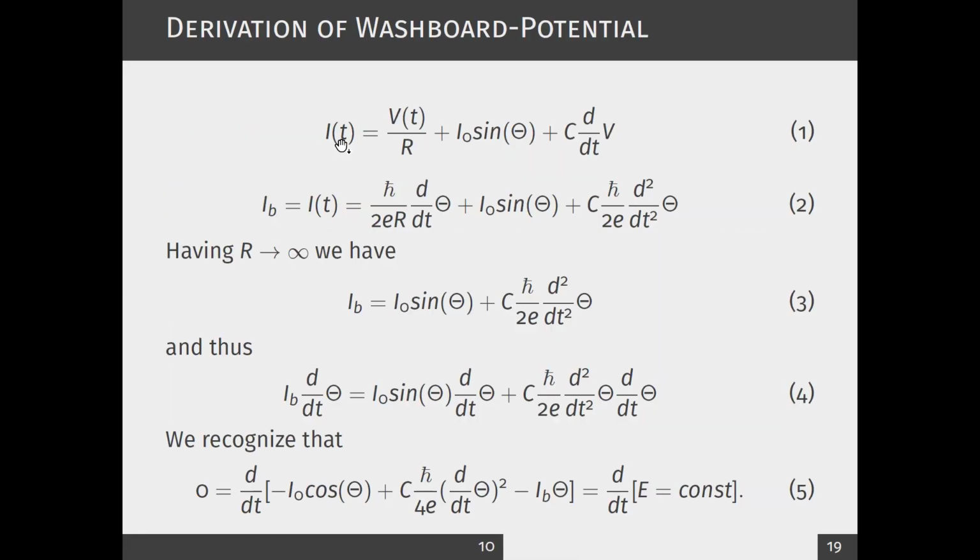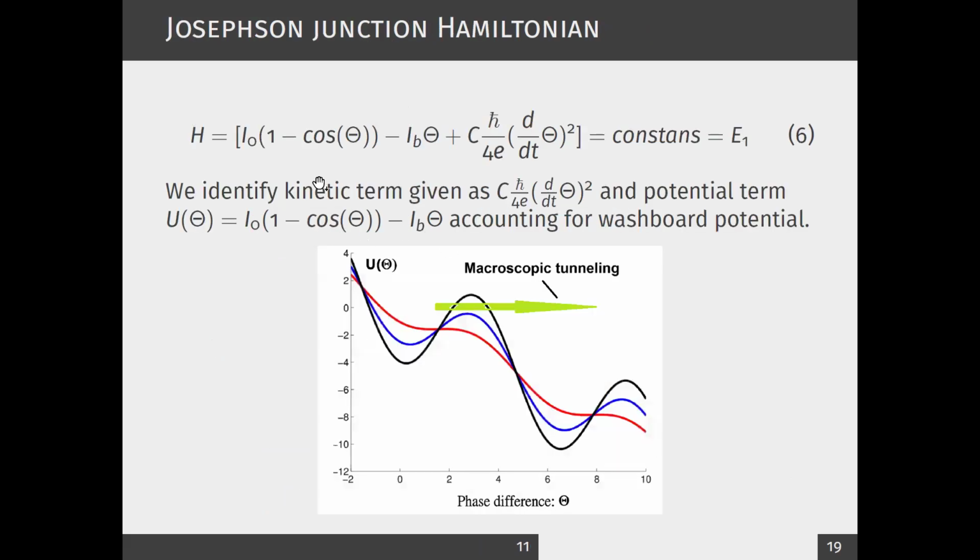So just see, I just added a constant to this. Of course, if I add constants to E, it still will be valid, right, Wojtek? Because if I add any constant, this will be valid. Yeah, so I basically have written 1 minus cosine theta minus IB theta plus this term, which is written here. So this is constant.